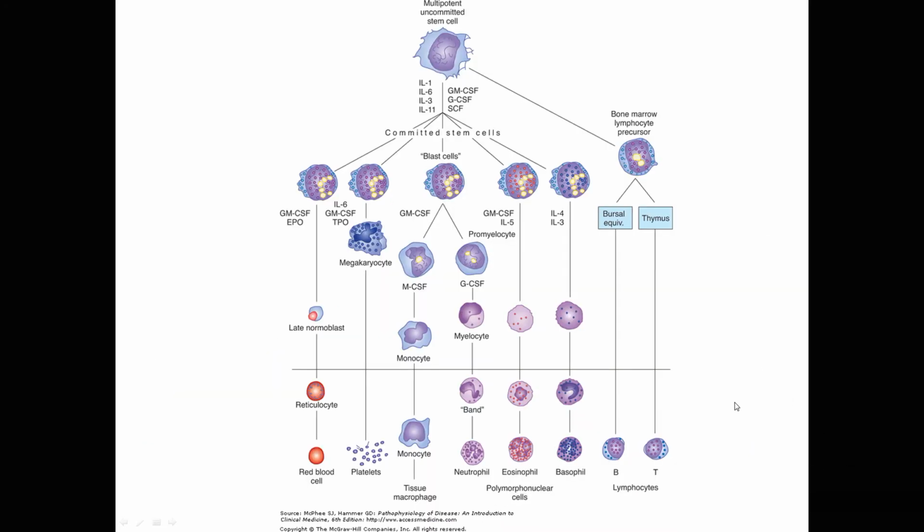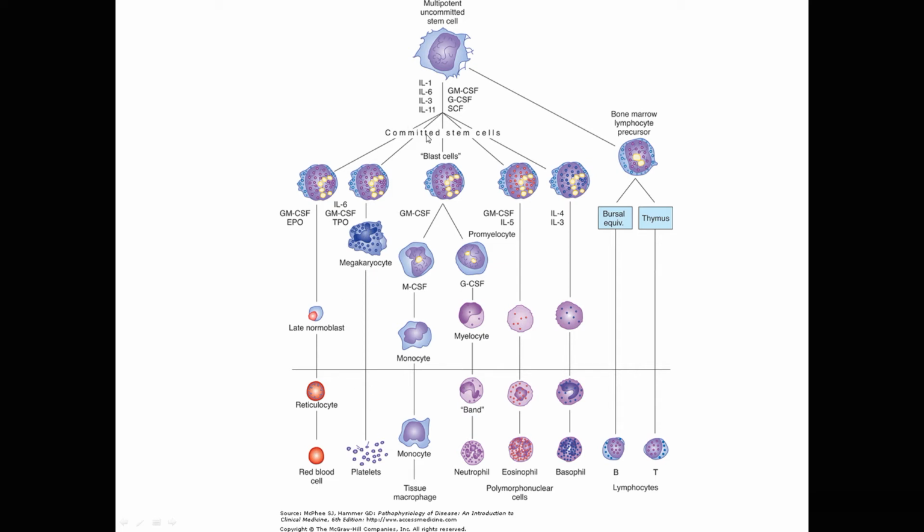Let's now consider the platelet disorders. This slide illustrates the production and the maturation of the platelets, starting from the bone marrow multipotent uncommitted stem cells, the committed stem cells, the blast cells, megakaryocyte, and platelets.